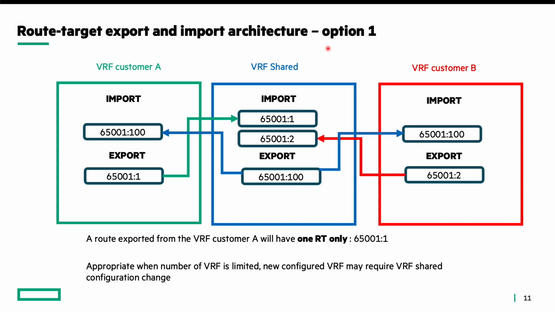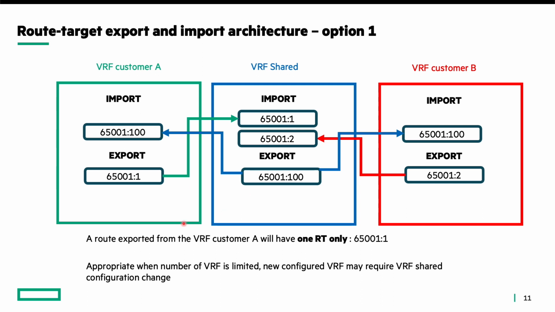Let's say customer A and customer B need to advertise their routes to the shared VRF, to get connectivity to resources in the shared VRF. So we identify customer A with colon 1, customer B with colon 2, and the shared VRF will import all the different route targets from customer A and customer B.